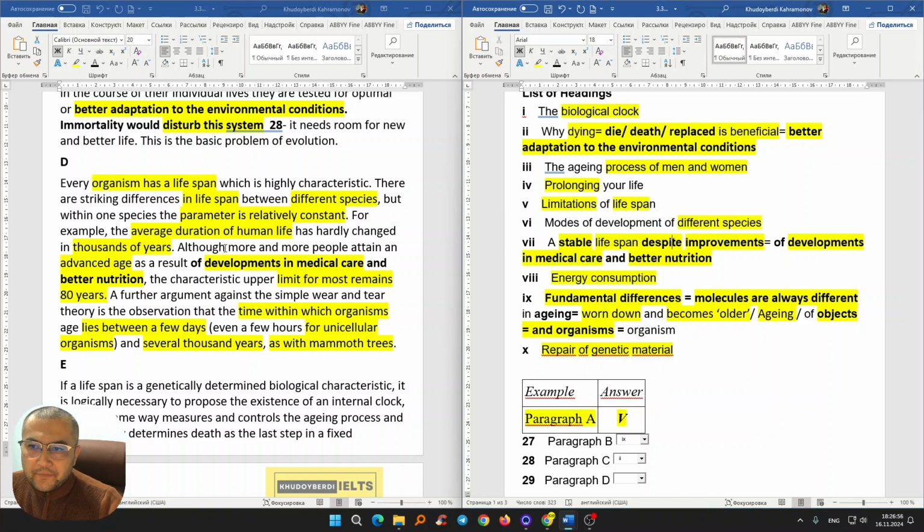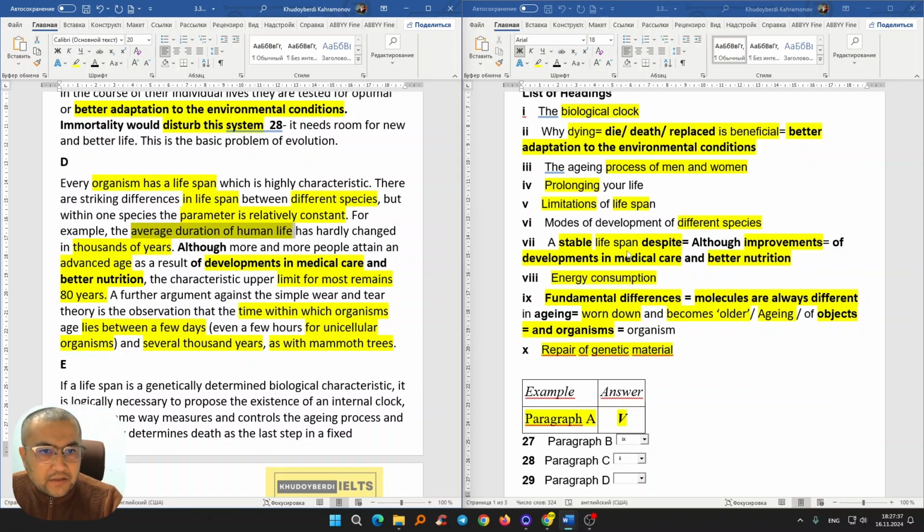Okay, so we have even the connective word despite, which means it's going to be exactly 7, not 5, but let's see, as long as we don't find a synonym to the word stable lifespan. So let's try to take my shot in terms of looking for a keyword for a stable lifespan. For example, an average duration of human life has hardly changed. Average duration of human life.